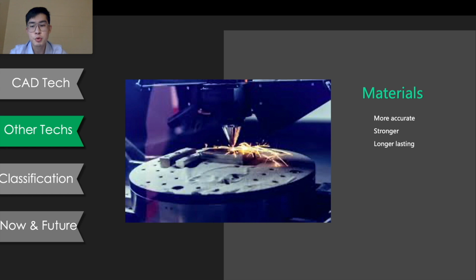They have been tuned to more closely suit the operating parameters of the different processes and to provide better output parts. As a result, parts are now much more accurate, stronger, longer lasting, and it's even possible to process metals with more AM technologies.